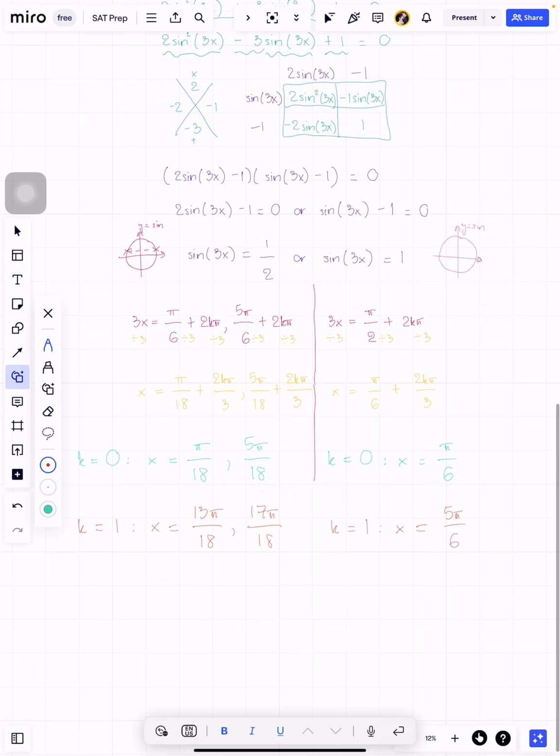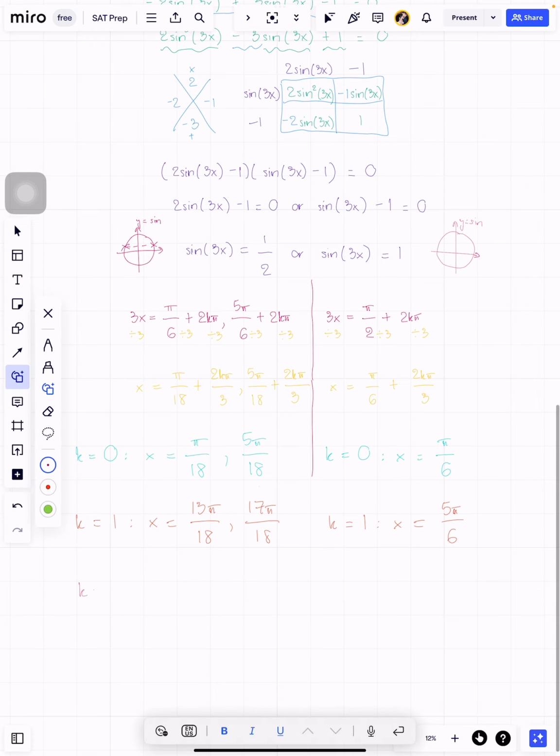Let's do one more round because we're still within the first cycle. Everything is still under 2 pi. Nothing is out of 2 pi yet. So let's do pink. k equals 2. So the x in here would equal what?